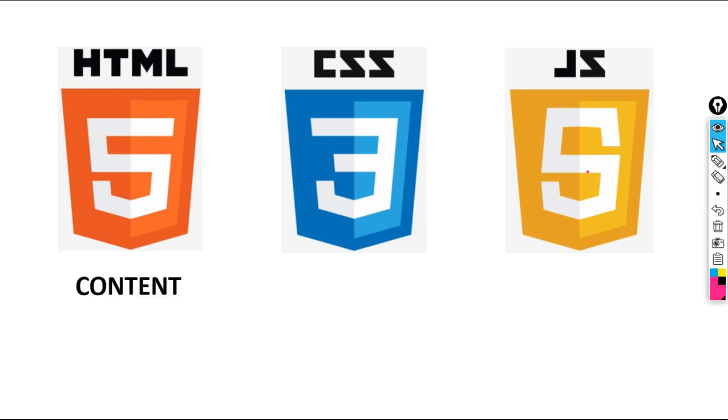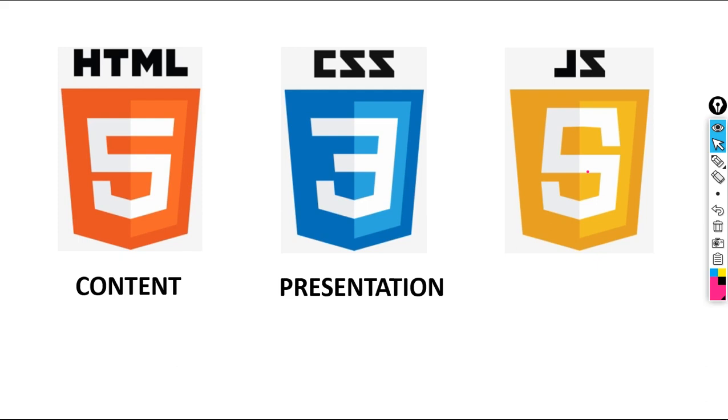Now HTML is used to give the content of the web page, and CSS is used to represent that content in a particular format or decoration. Correct? For example, we are using cement and iron to build a building, but only the building is not important.